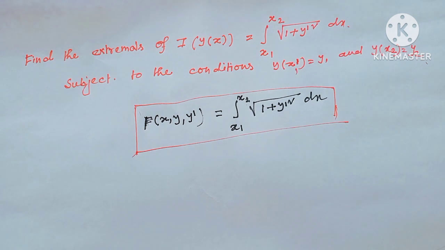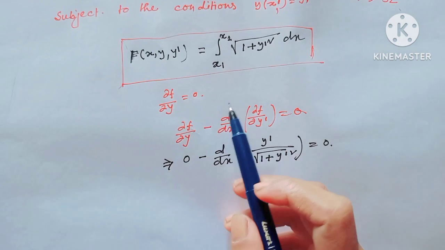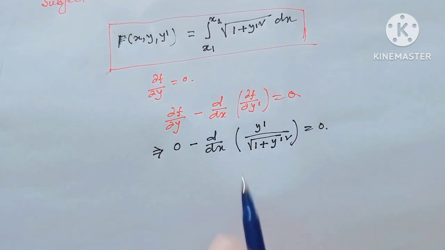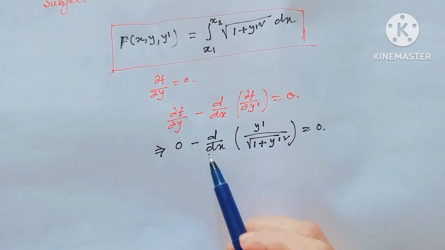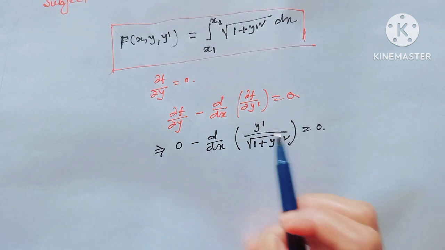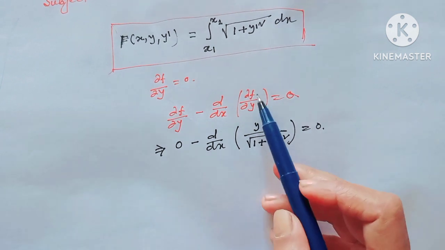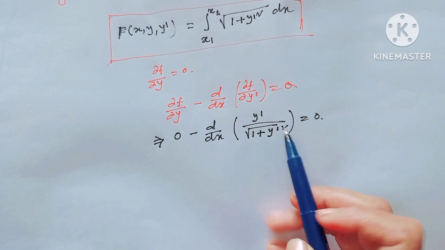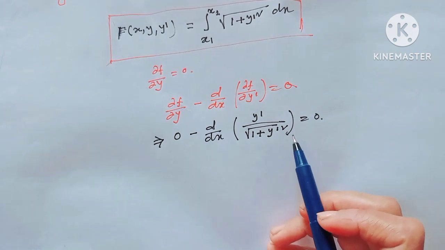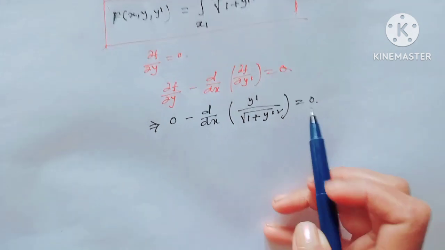So the Euler equation to find the extremal is, as we all know, since del f by del y is equal to 0, the Euler equation becomes minus d by dx of del f by del y dash equal to 0, and del f by del y dash is y dash over the square root of 1 plus y dash whole square, equal to 0.